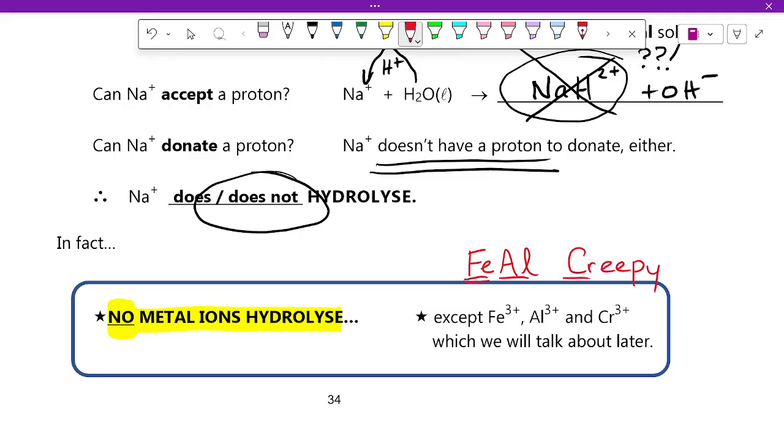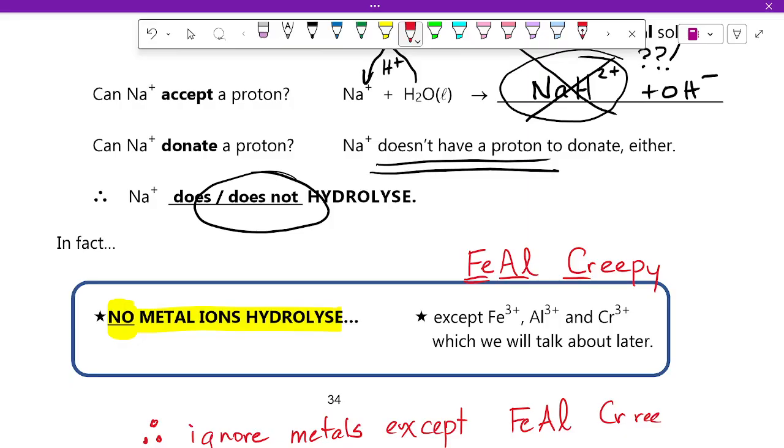Okay, those are the only three positive metal ions that hydrolyze. Otherwise, if you've got a metal, you can just ignore it. Therefore, ignore metals except feel creepy. Whoops, I put 2 R's in there. That's not good.